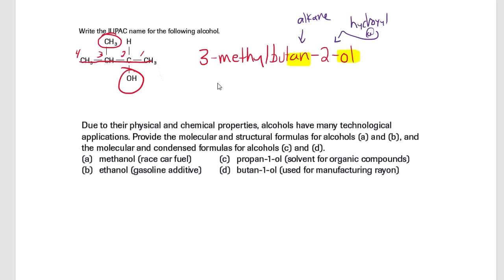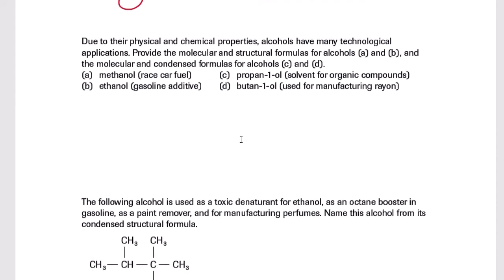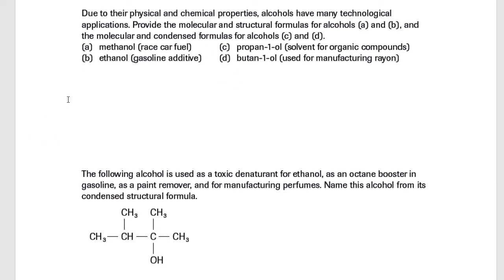Let's try a couple here. So we have some alcohols. We have methanol, ethanol, propanol, and butanol. There are actually lots of applications for alcohols, which we won't go into a lot of detail about in this kind of lesson format. But let's start with drawing out some methanol. So methane, that means we have one carbon in the backbone, right?